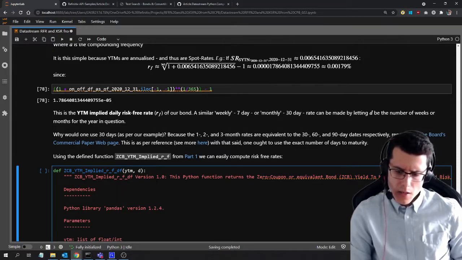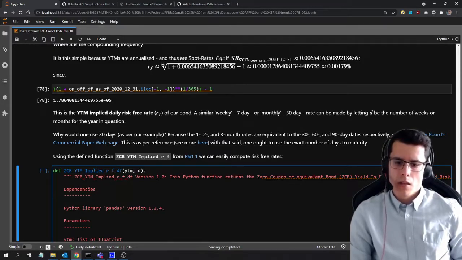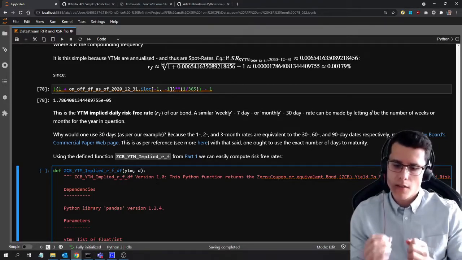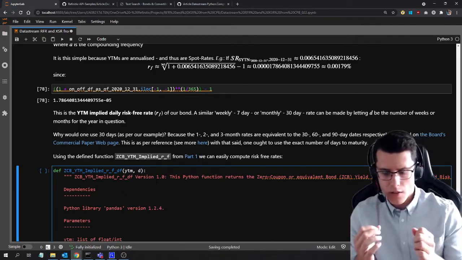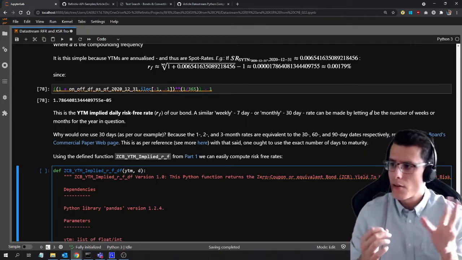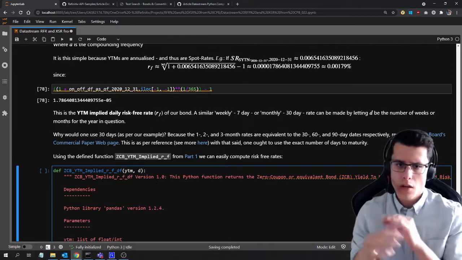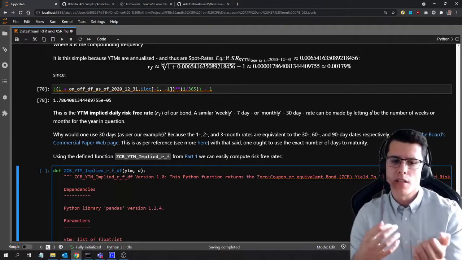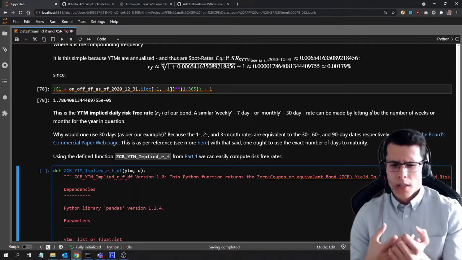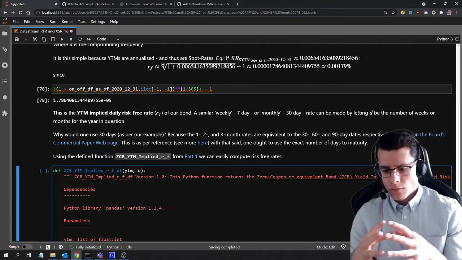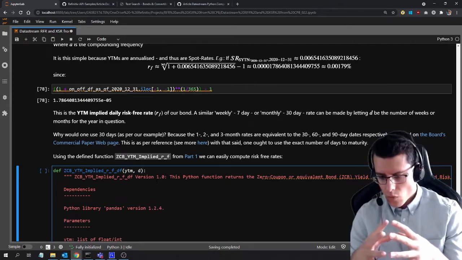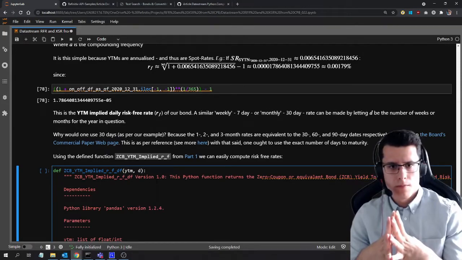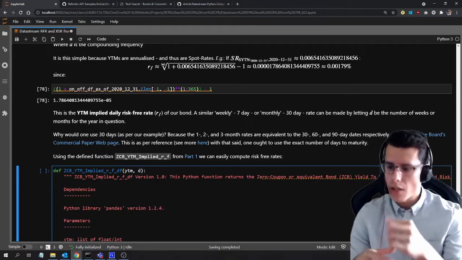Let's think about this. We would be looking at an investor who every day makes a decision, and his or her decision is either I buy a risky asset, let's say a stock, or I buy this kind of a riskless or very, very close to risk-free asset with a specific risk-free rate. The yield to maturity is annualized.